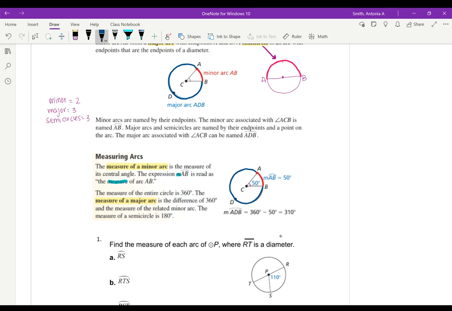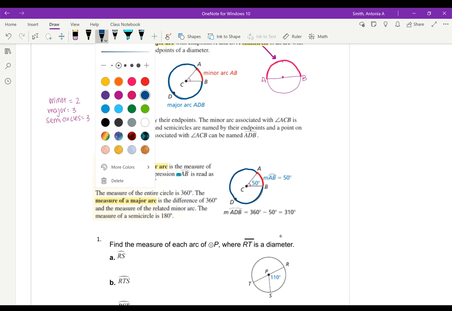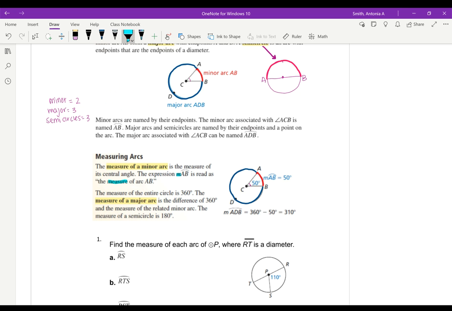Whenever you have a minor arc, you will also have a major arc. They come in pairs. The measure of the major arc is just 360 minus 50, which leaves us with 310.